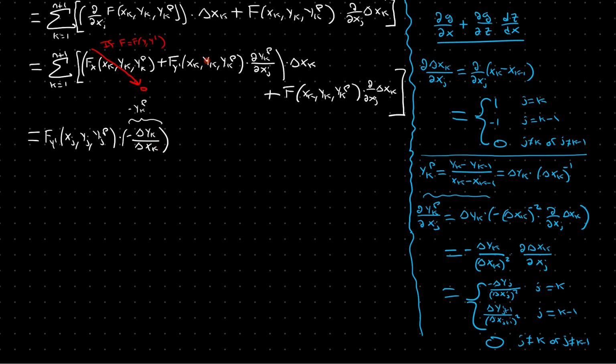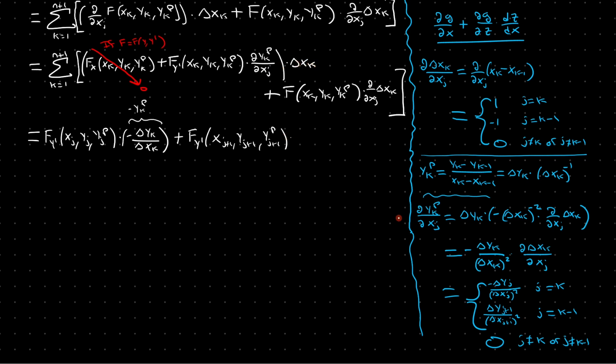And then the other term here is when j equals k minus 1. That's the other non-zero term from this sum. So you have plus then fy prime of xj plus 1, yj plus 1, yj plus 1p times delta yj plus 1 over delta xj plus 1 squared times delta xj plus 1.